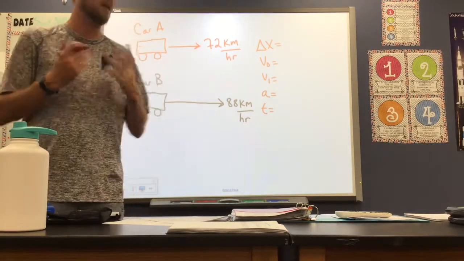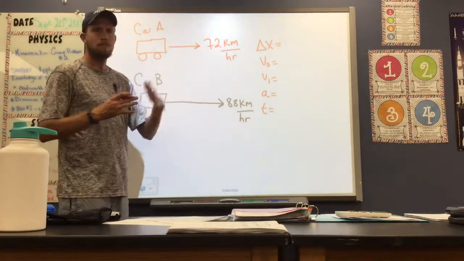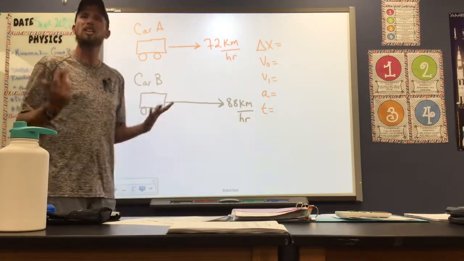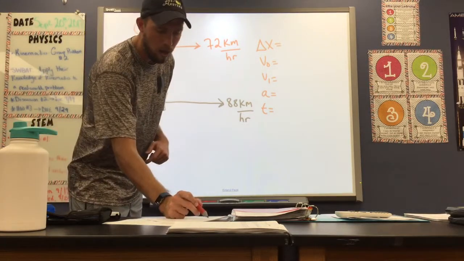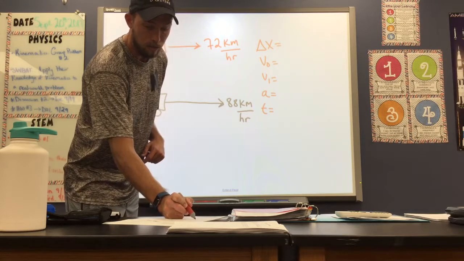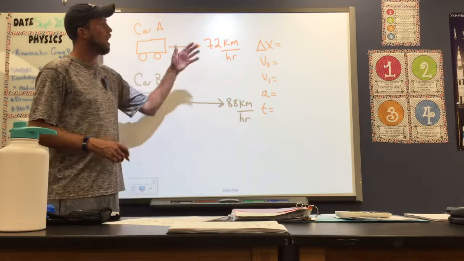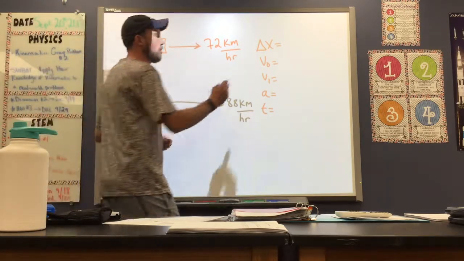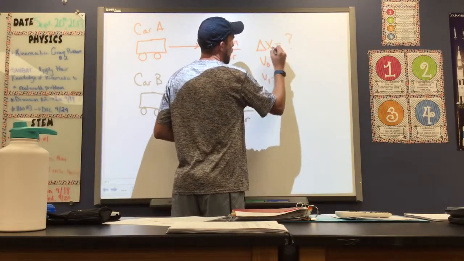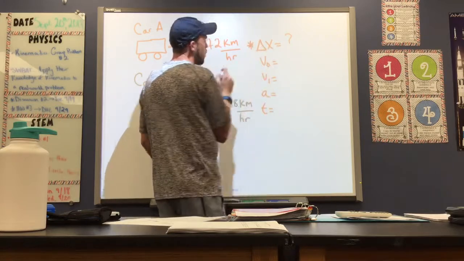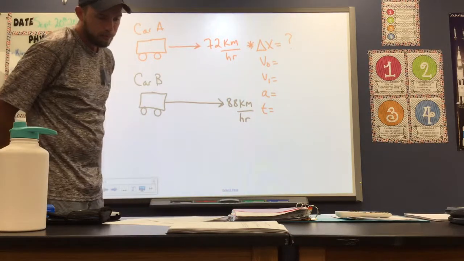Now, let's look at what we have. Delta x, my value for how far. I don't really know that here, but I do know how far car A is from school a certain time later. How far is what I'm looking for, and that's going to be my displacement, delta x. I'm going to put a question mark there, as well as a star.